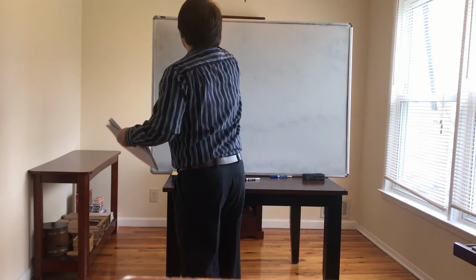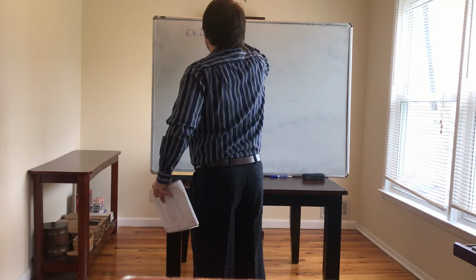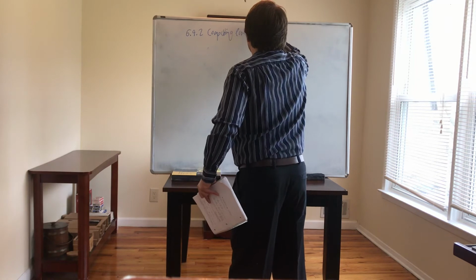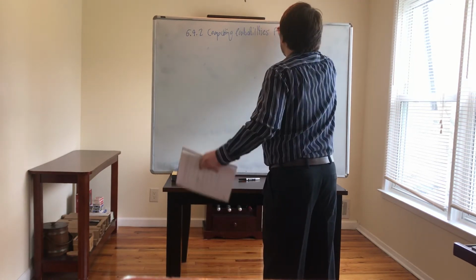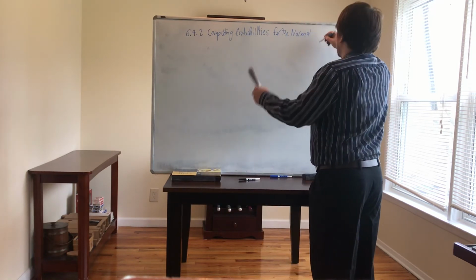Okay, so 6.9.2 is computing probabilities for the normal random variable.